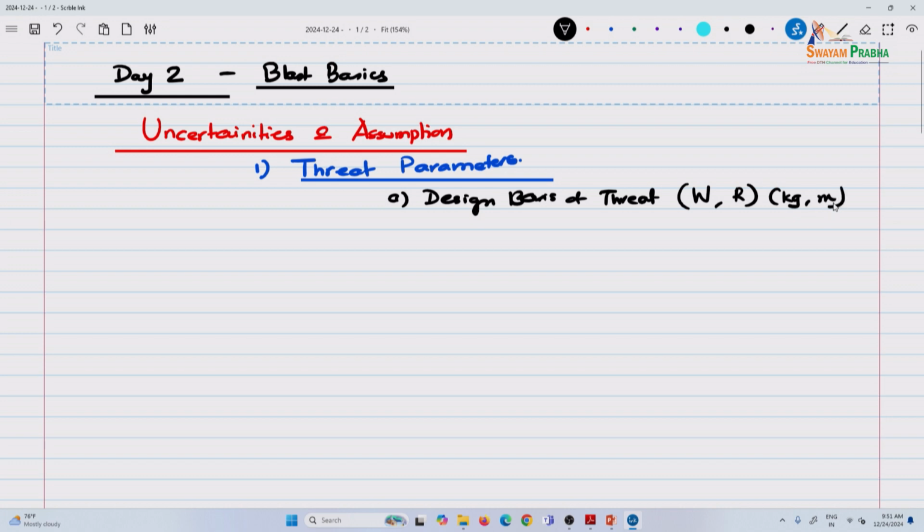I'll try to look at both units as we go along in this course. And this is the location, and if you see, the location is still prescriptive. So the size of the explosive, W, and the location, R, both are still prescriptive.